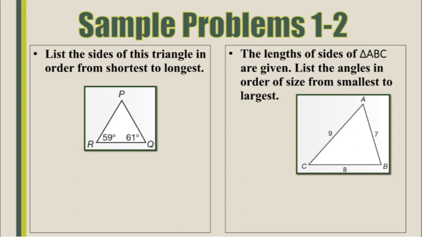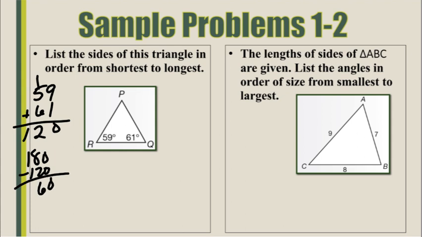So first we need to find out angle P. So 59 plus 61 will give us 120. That means if I take 180 and I minus 120, that would give us 60. That means this is 60.